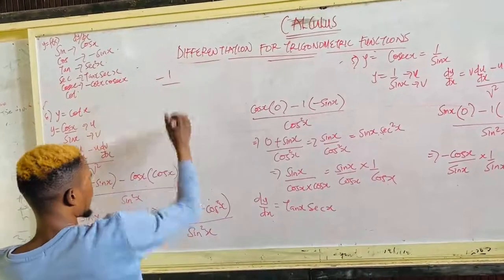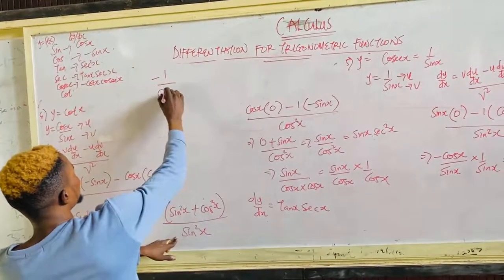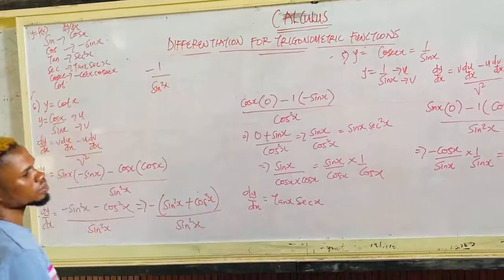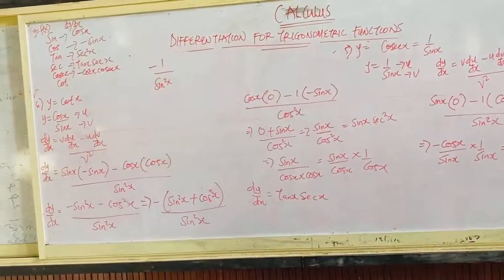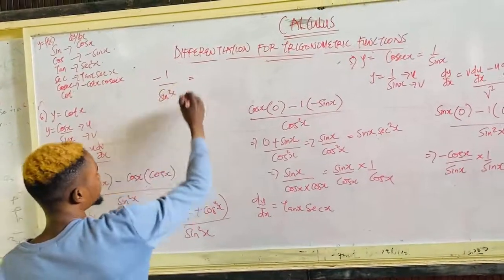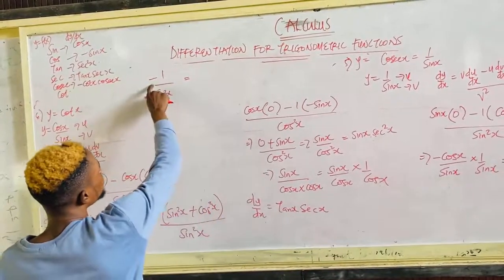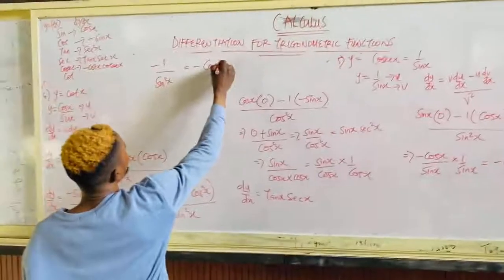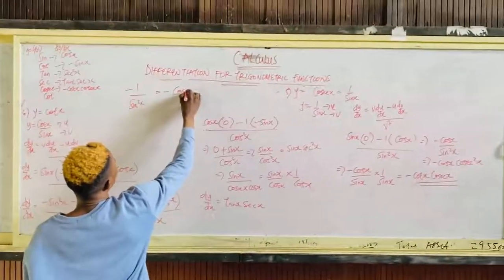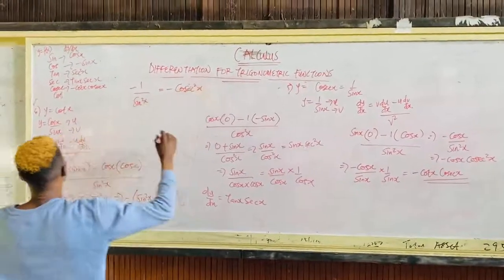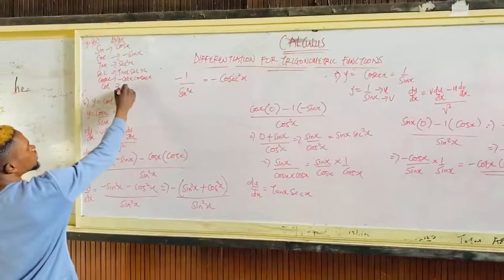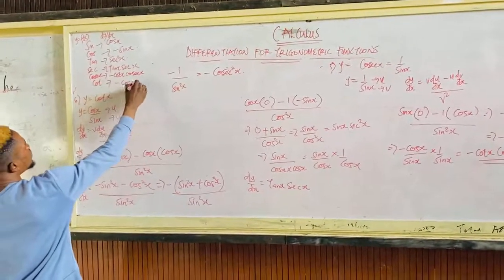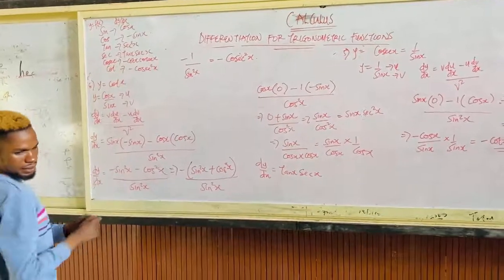That's 1 over sin square x. And 1 over sin x is cosec x. So 1 over sin square x is cosec square x. So there's a negative factor here. That's minus cosec square x. So the derivative coefficient of cot x is minus cosec square x.